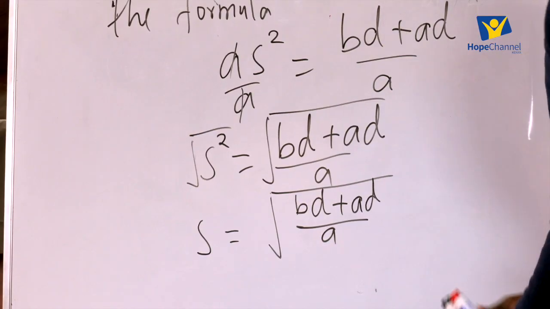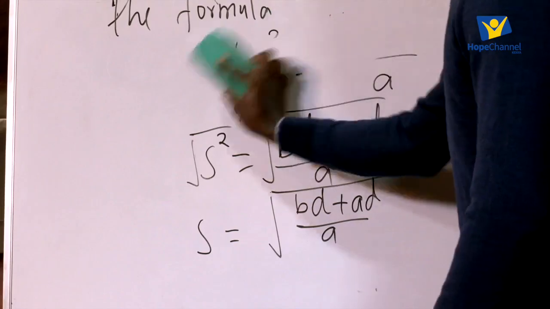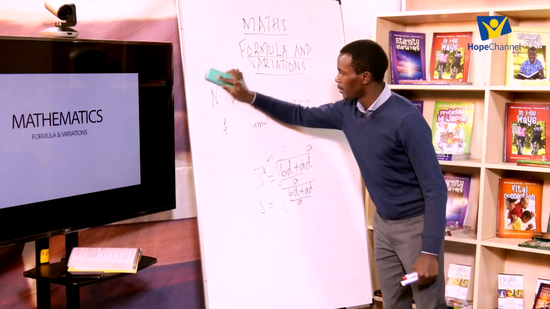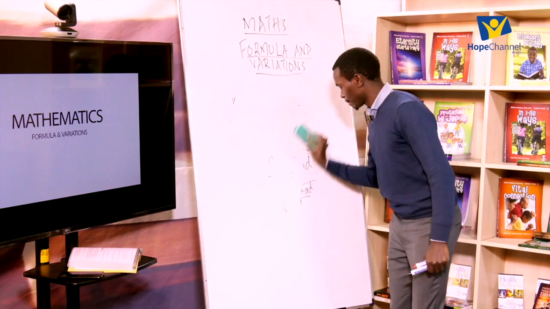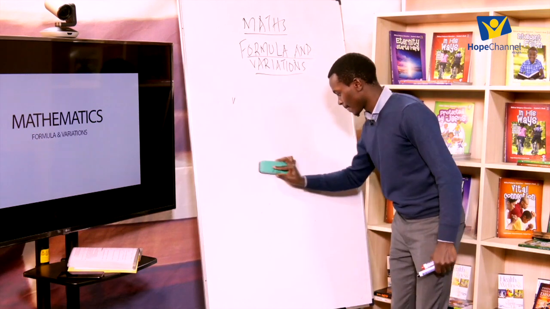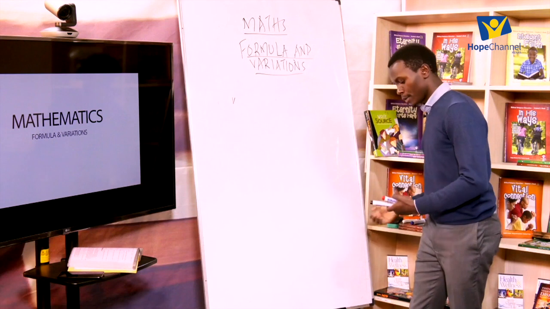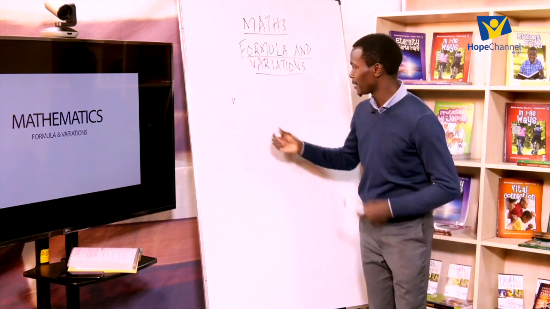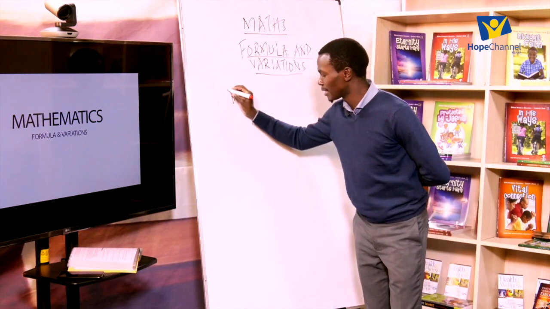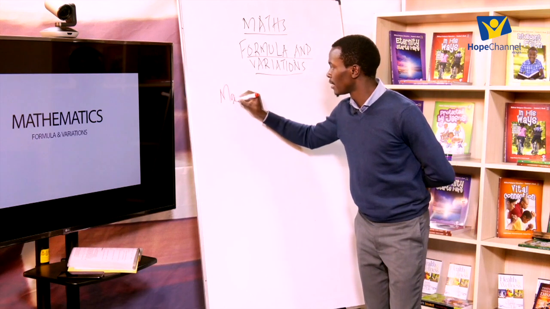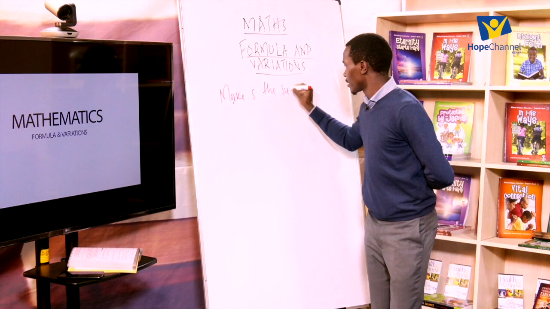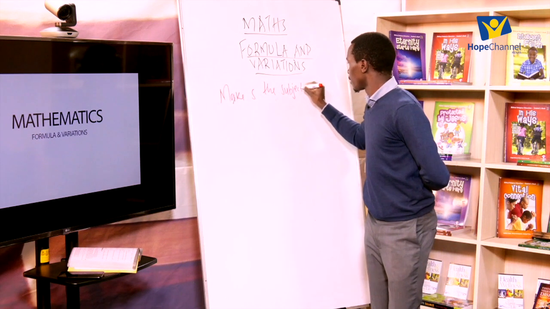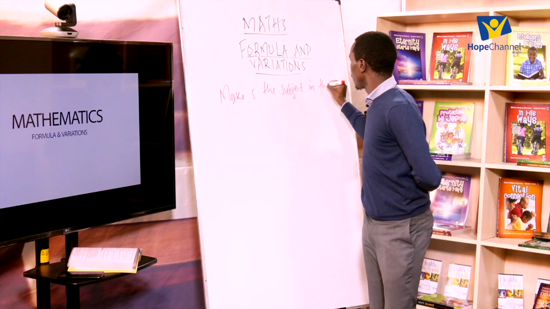Let us do another example that requires us to use a different approach. So the question says, apparently it's the same question, but asking about S again. So make S the subject in the formula.